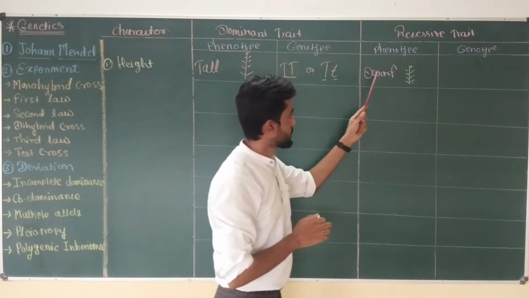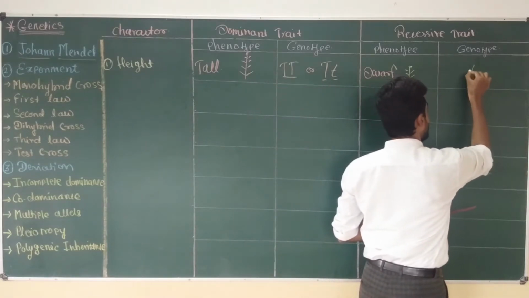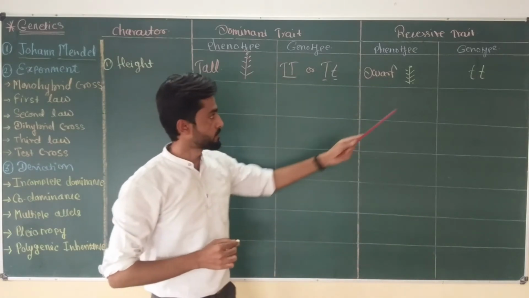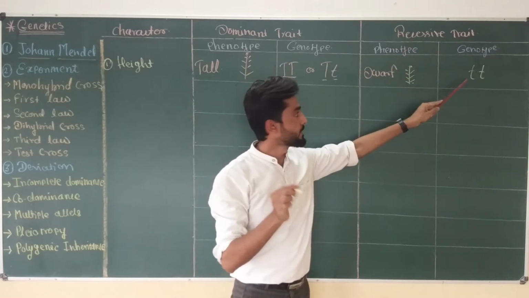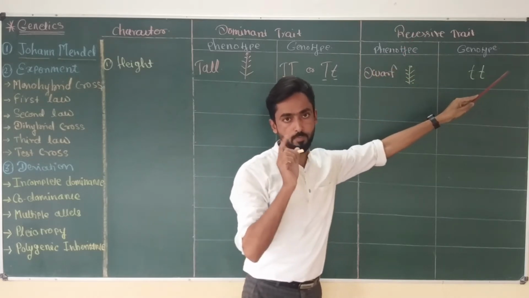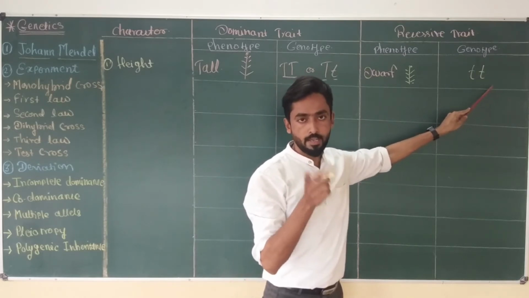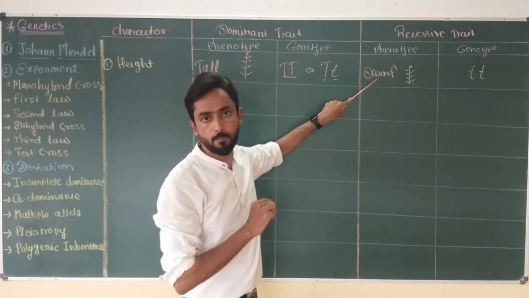Now the genotype for the dwarf plant is always small t small t, because small t is a recessive character and it is only expressed in homozygous condition. That means the plant has to have both alleles as small t, and only in that case the plant gives dwarf height.